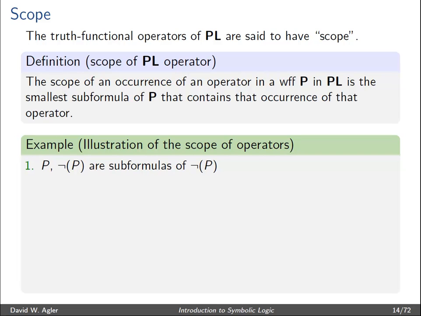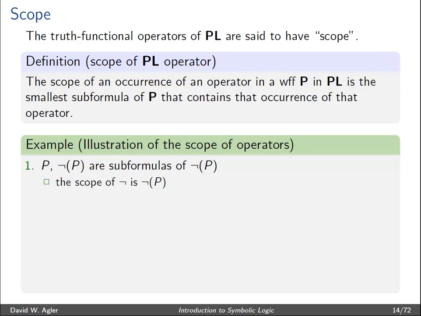So we saw that P and not P are subformulas of not P. So the scope of the not operator is not P, because this is the smallest subformula of P that contains that occurrence of the operator.